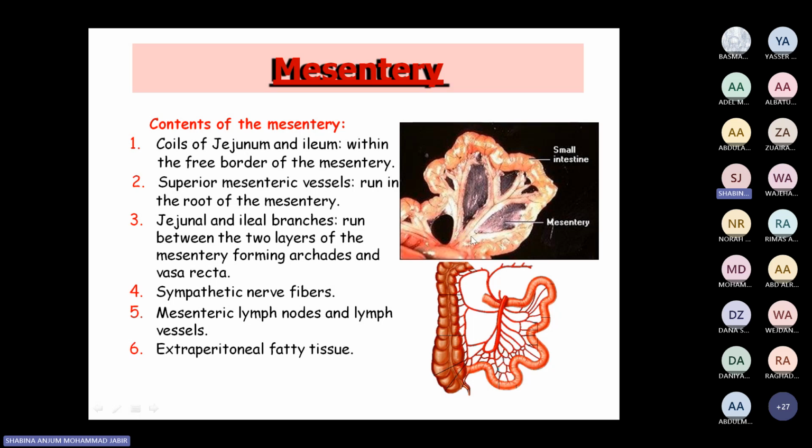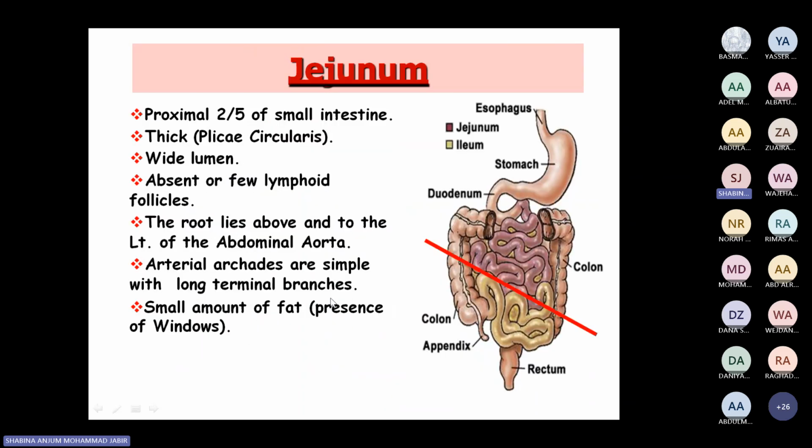It will carry jejunal and ileal branches, which will be present between the two layers of the mesentery. And the superior mesenteric vessels, the coils of the jejunum and ileum, are also enclosed in the free border of the mesentery. So these are the structures present in the mesentery.